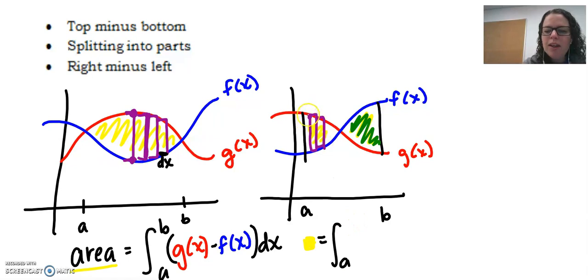When I draw in these rectangles, this stays red minus blue the whole time until I get to this moment right here, and we'll call that C. So I need to figure out what C is, and we'll talk about how to get that in just a second. And then I do have g of x, red curve, minus blue curve, dx.